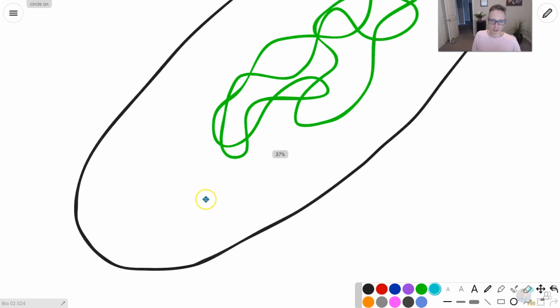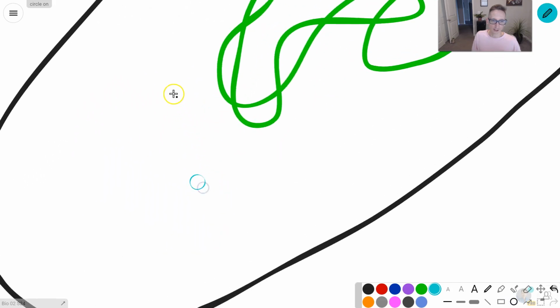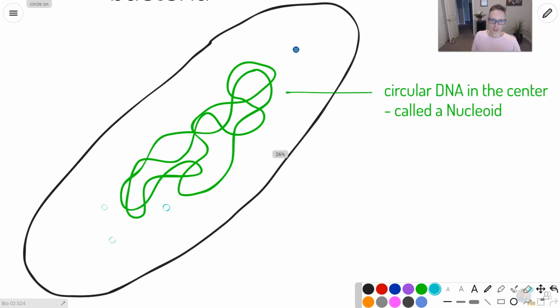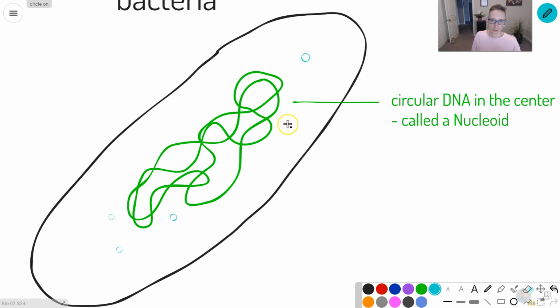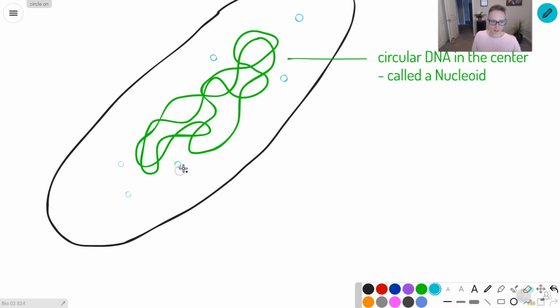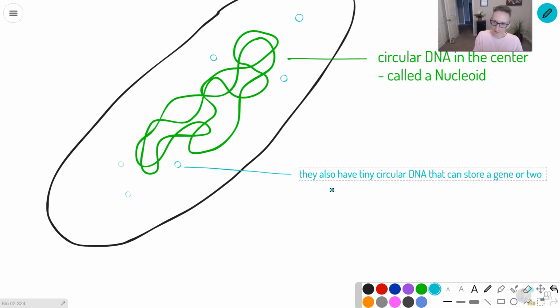Another way that's pretty nifty is they have tiny circular DNA. Pretty cool. They also have tiny circular DNA that can store a gene or two that are important for survival.